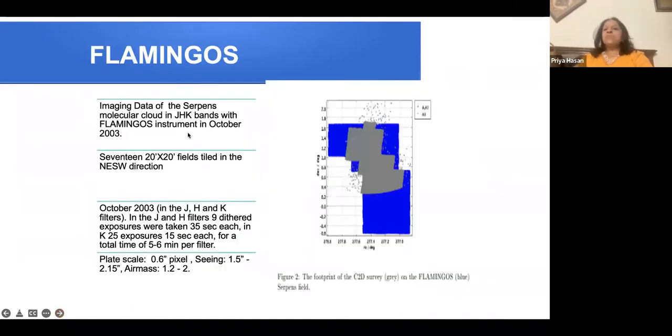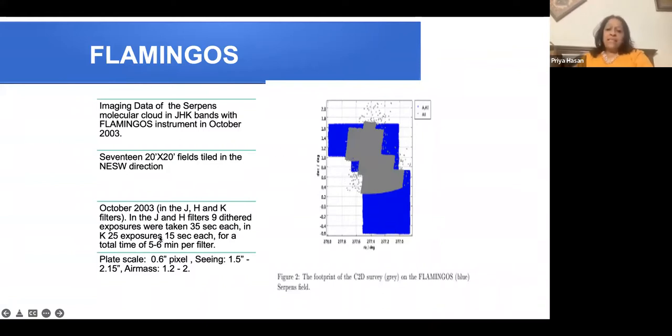We coupled this with data of our own, which has been published, using FLAMINGOS, a near-infrared detector on Keck. We use this to identify near-infrared excess stars in this region. What you can see over here is the gray area, which is the C2D footprint, while the blue area is the FLAMINGOS footprint.